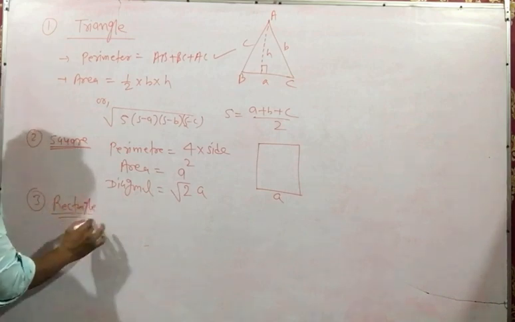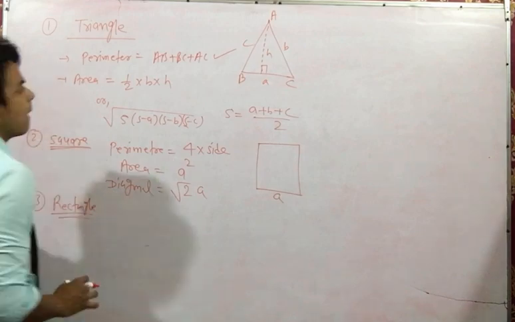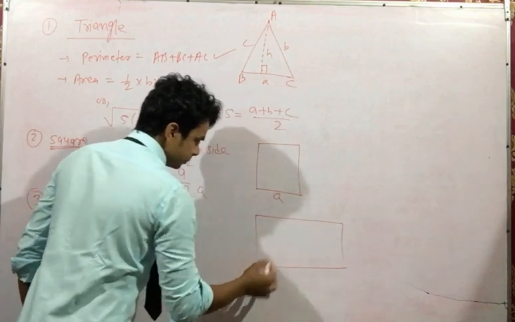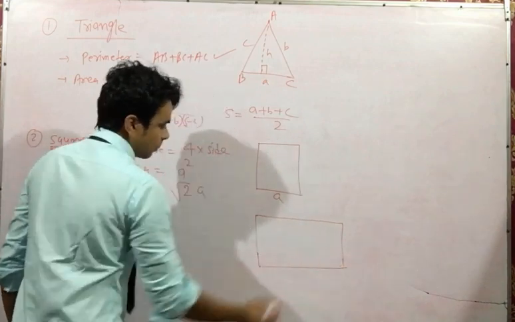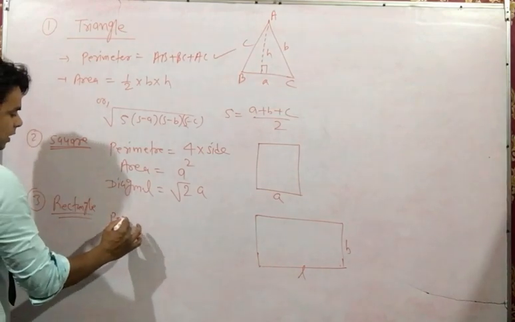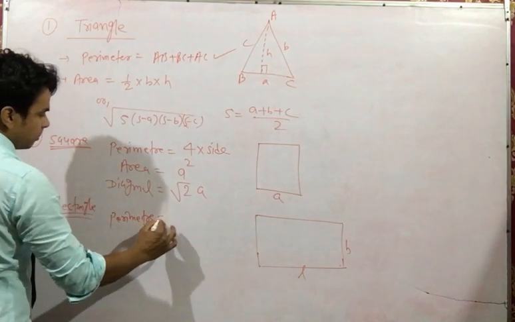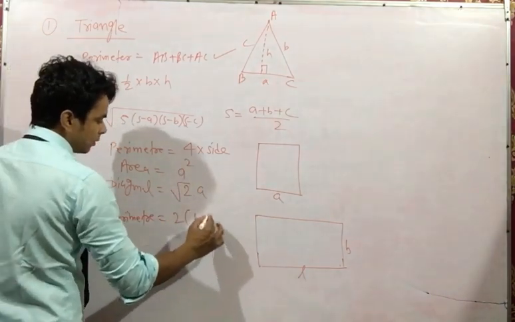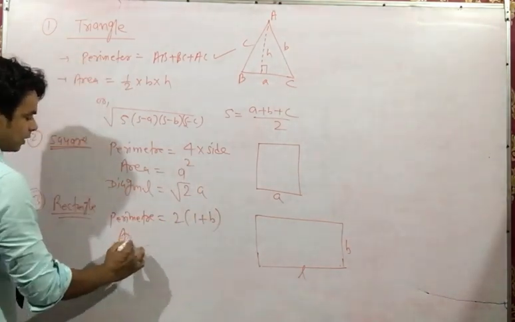These all are 2D shapes. There is no use of that, but still, rectangle. So for rectangle, suppose the length is L, breadth is B, and first of all we will study the perimeter of rectangle. The perimeter is 2 into L plus B. After that, area you will calculate.